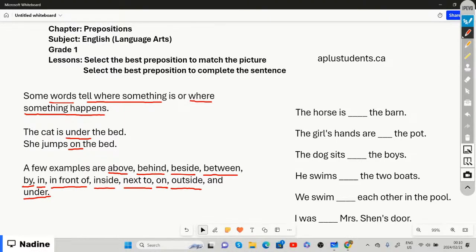So these are our prepositions. And once again, they are words that tell us where something is, or where something happens.